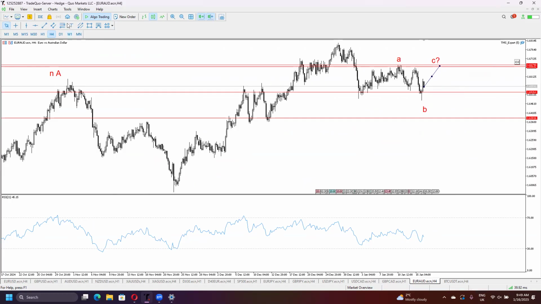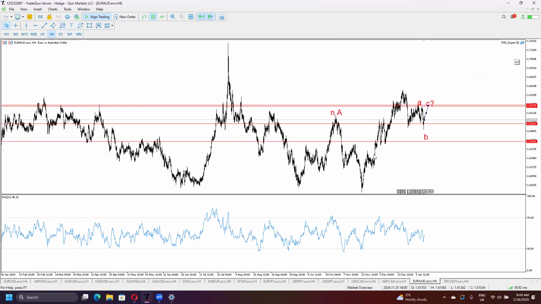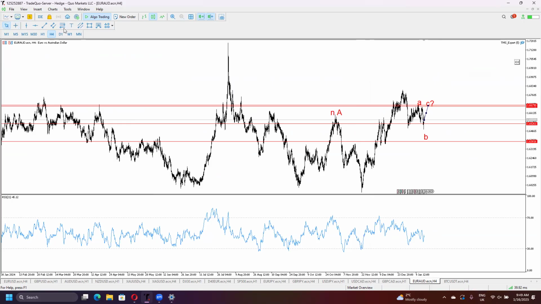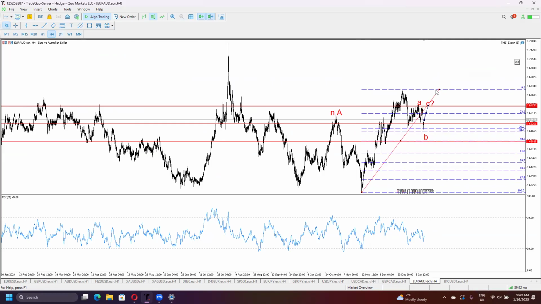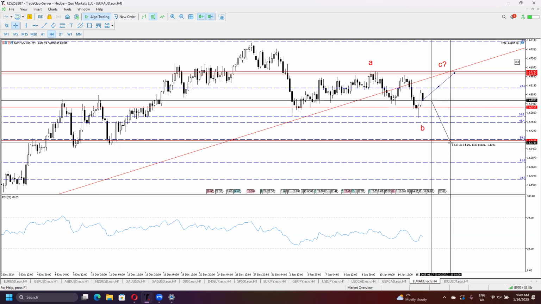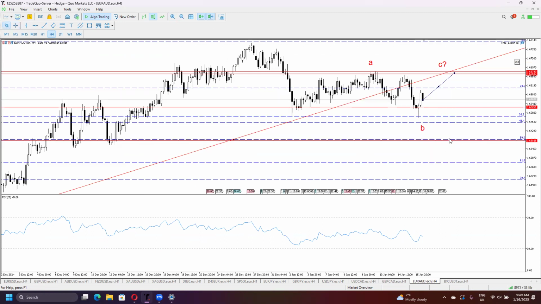From the other side, we know that behind us there is a strong zone from 1 to 1 and 41.4. So most probably this up movement was just an overbalance, and then the price would like to just go to the level of 50% and continue the up movement. So this is actually our range. Once the price falls down and touches the level of 50, most probably I can think about buying this market.